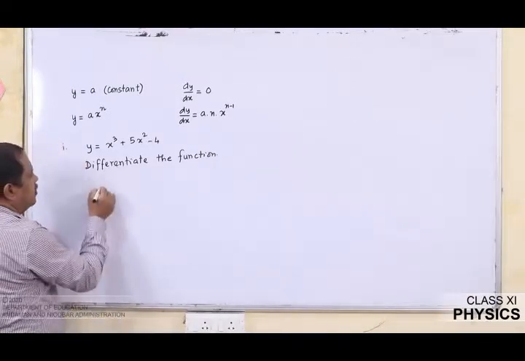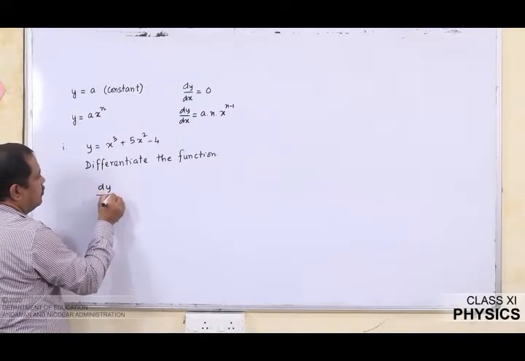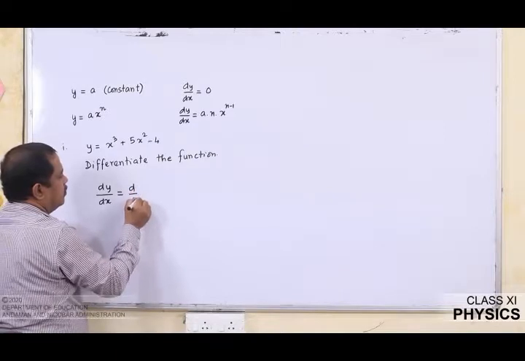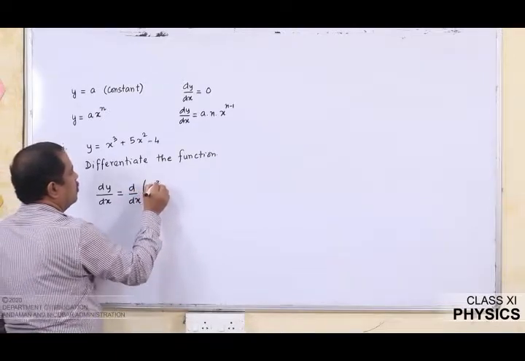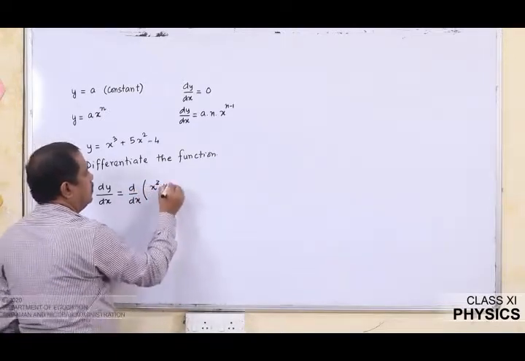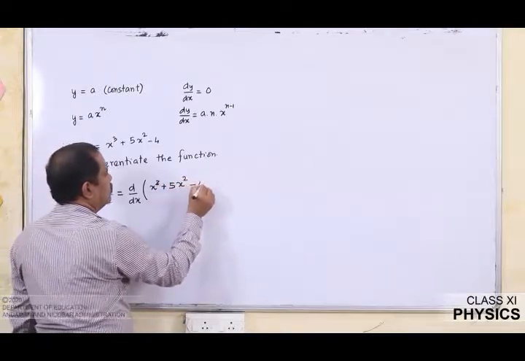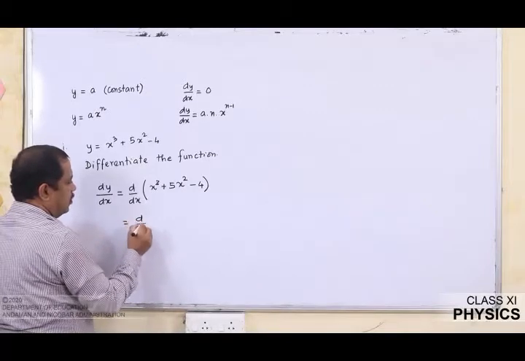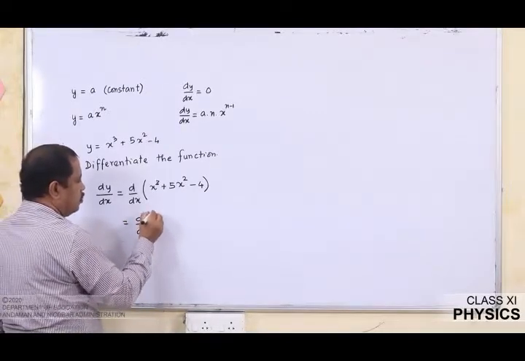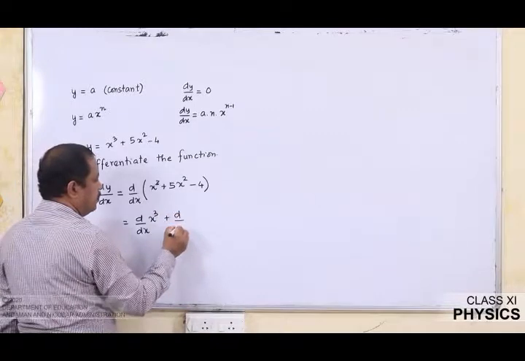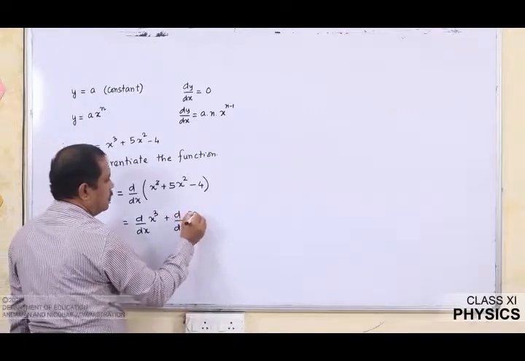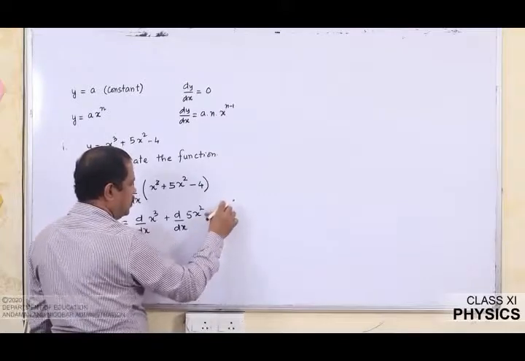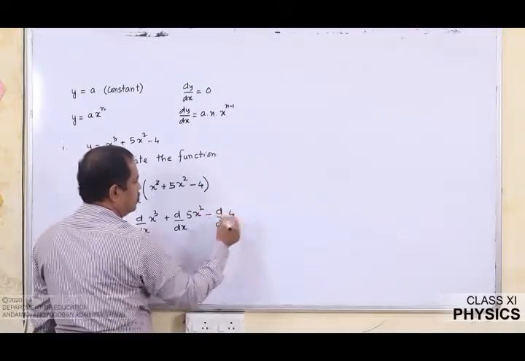So in that case, dy by dx is nothing but d by dx of x cube plus 5x square minus 4. Else this can be written as d by dx of x cube plus d by dx of 5x square plus d by dx of minus 4, a constant.